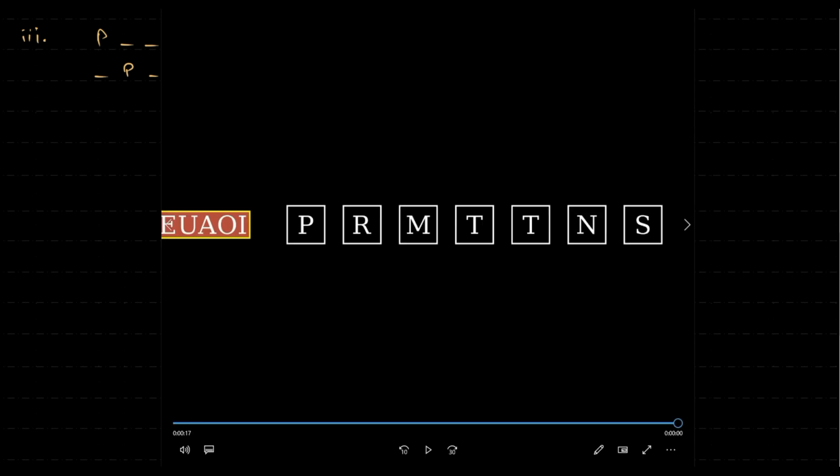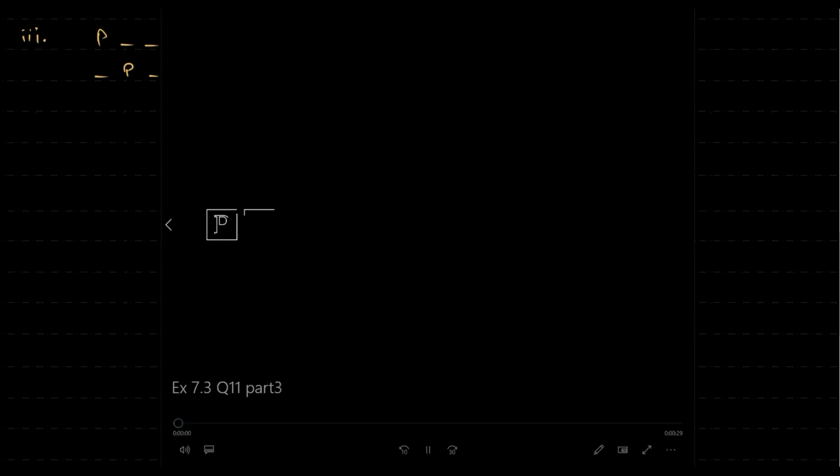We have P, 1, 2, 3, 4 and S, so in total 12 blocks with P and S fixed in this manner. But along with this, even this is possible, right? So how many such things are possible? How many ways can I put this across in this manner? Well, I hope you guys had a thought process.